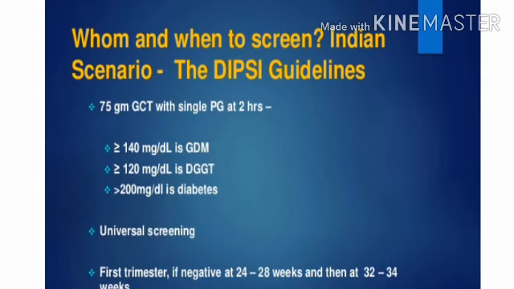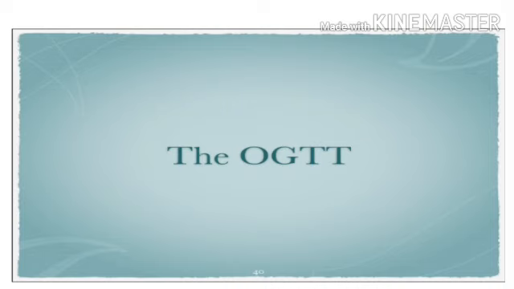If the blood glucose level is equal to or more than 140 milligram per deciliter, it is diagnosed as gestational diabetes mellitus. If the blood glucose level reaches more than 200 milligram per deciliter, then it is considered as pre-gestational diabetes mellitus. The usually adopted way to diagnose a gestational diabetes mellitus is a glucose tolerance test, GTT, otherwise known as OGTT, oral glucose tolerance test.